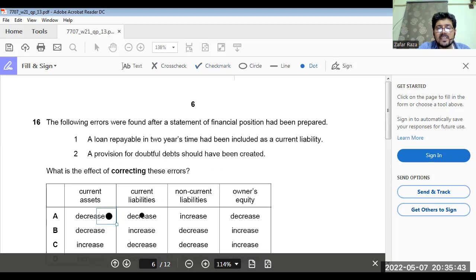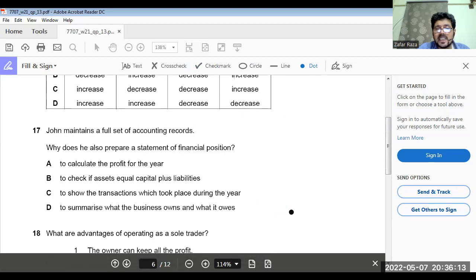Now, when you are changing your current liability to long-term liability, your current liability is decreasing, your non-current liability is increasing, and your owner's equity will also decrease. When you create provision, your profit will decrease. So option A should be the answer.